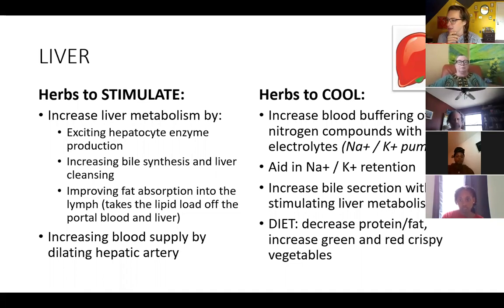Okay. Increase bile secretion without stimulating liver metabolism. So if you have low bile secretion, try to focus on that without stimulating all the other effects that the liver does. So like we were saying, focus on little changes. And for the diet, increasing protein and fat, and increase green and red crispy vegetables.